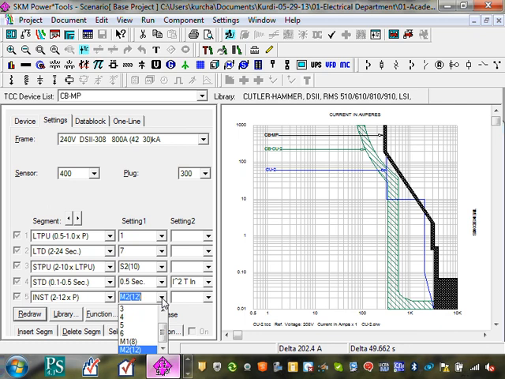So 12 times this number, that's when my circuit breaker is going to wake up and start serving. 12 times 3. So that's how much short circuit, when it sees this, it will instantly trip. Instantly within 3 cycles. Yeah, within 3 cycles.